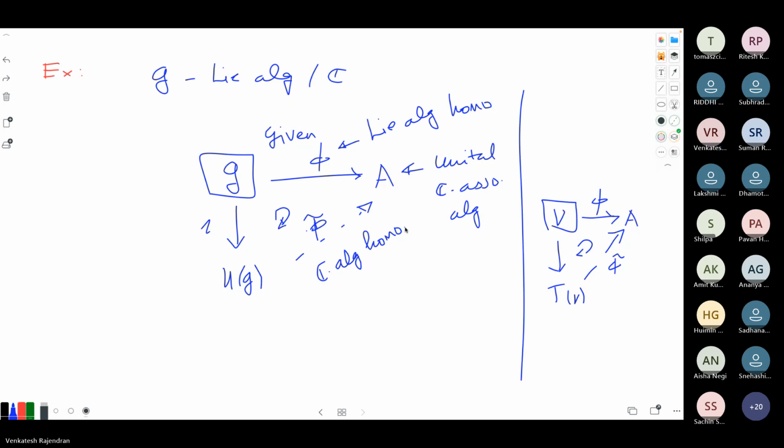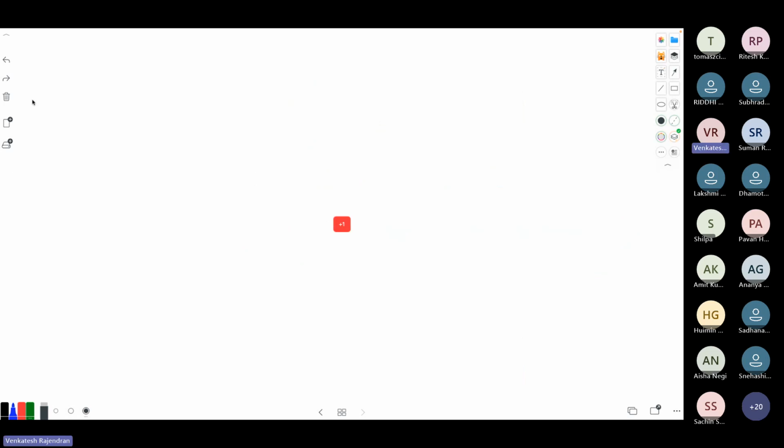So let's prove this because this is a very important result. Let's write down all the maps, and then you just trace the map, it will be clear. You have G, then this TG, and then this UG. This composition is your iota.